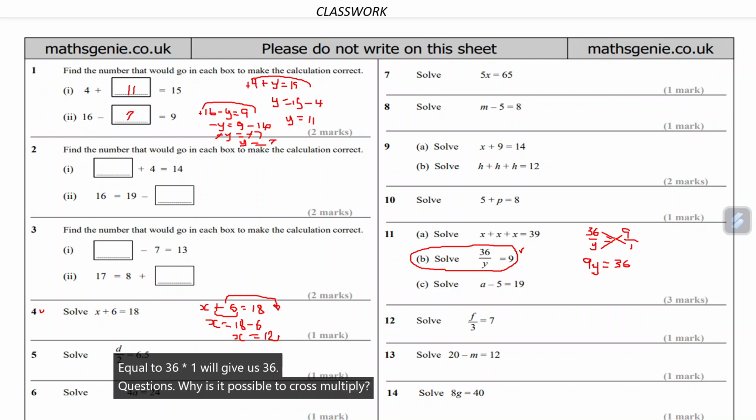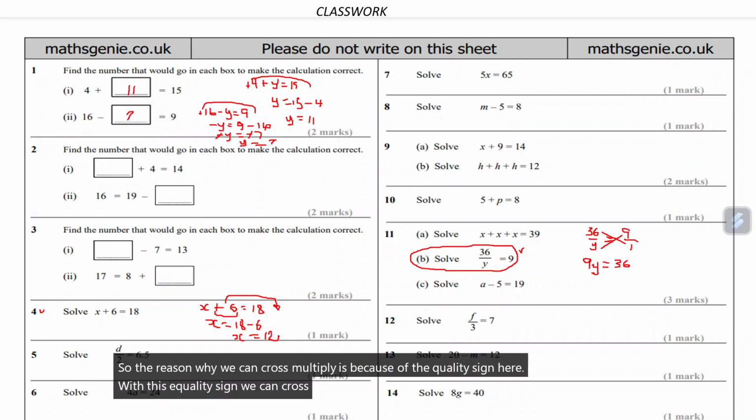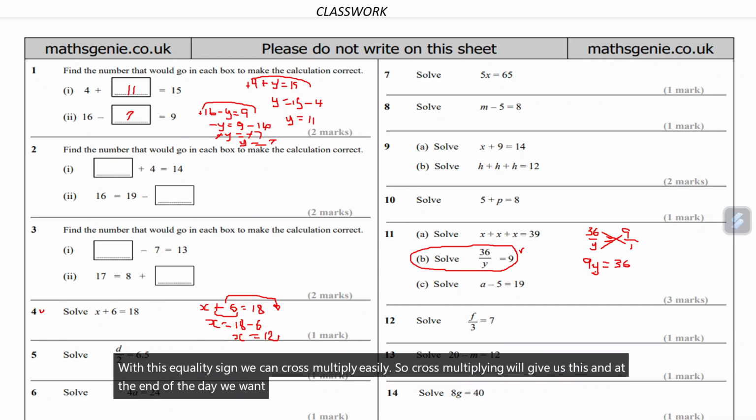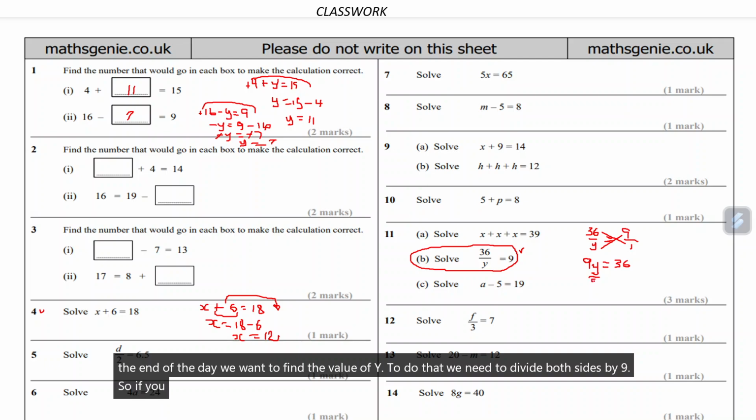The reason we can cross multiply is because of the equality sign here. With this equality sign, we can cross multiply easily. So cross multiplying will give us this, and at the end of the day, we want to find the value of y. To do that, we need to divide both sides by 9.